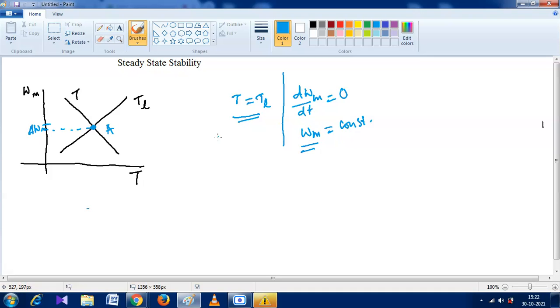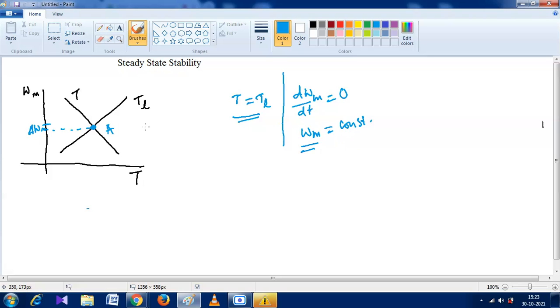The motor load system will run at a constant speed at that point. Yes, sir. Then when the speed is constant, that means the motor load is running at equilibrium.